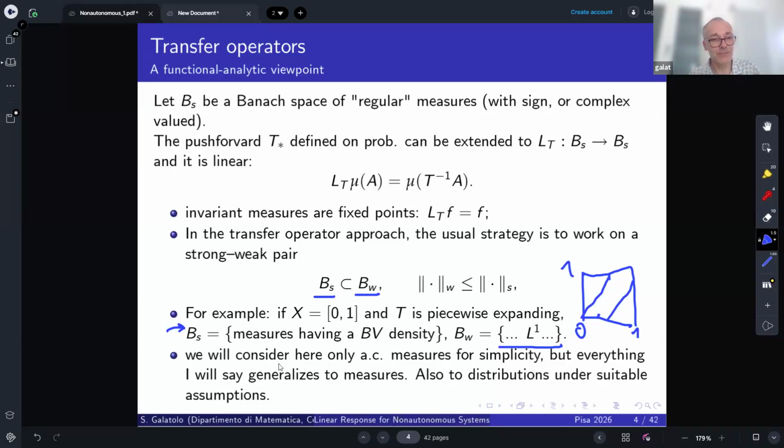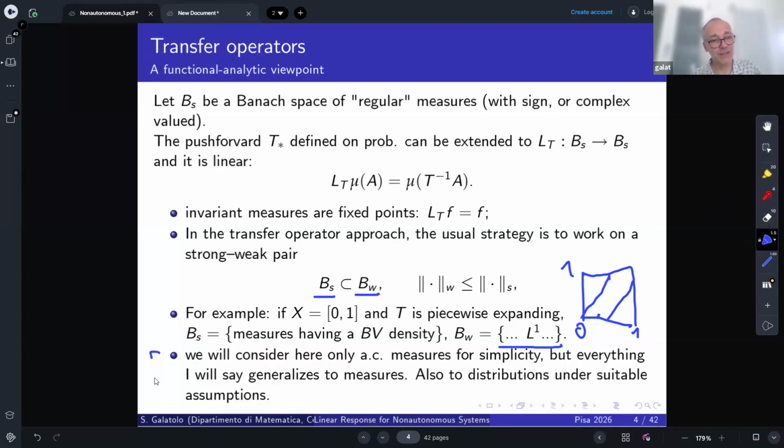For example, many times you are led to prove that the transfer operator acting on the strong space has some compactness property, like so-called quasi-compactness, which is a kind of small perturbation of a compact operator, and so is a good operator. It will have a spectrum which is stable under perturbation, and so you can prove a lot of good things about the dynamics of the system.